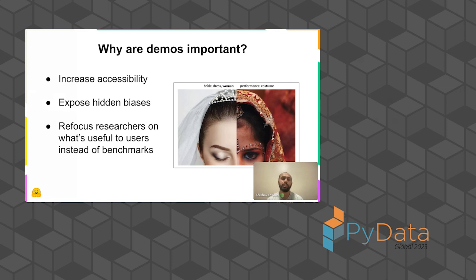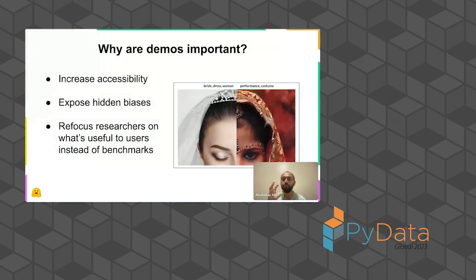The second thing is exposing hidden biases. This is something that's been talked about a lot, but I think it's still very, very important. It's still very prevalent. For example, on the right, I'm showing the output of a state-of-the-art machine learning image classifier when you give it two sorts of images. The image on the left is an image of a bride in typical Western cultural attire.